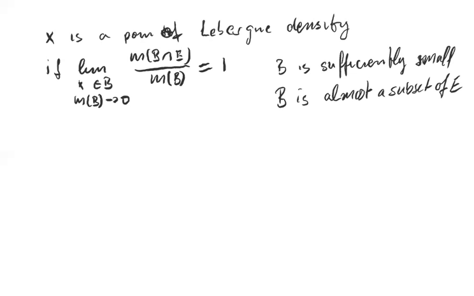So the Lebesgue density points of a set E are the collection of points where that ratio goes to 1, and that means the ball is almost contained in E. It doesn't have to be completely contained.